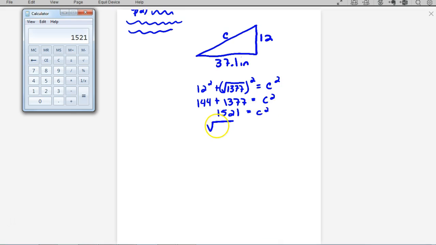So the square root of 1521 equals C. That looks like it's going to give us 39 exactly. Nice, it worked out exactly. So 39 inches equals C, which is the diagonal of that original rectangular prism.